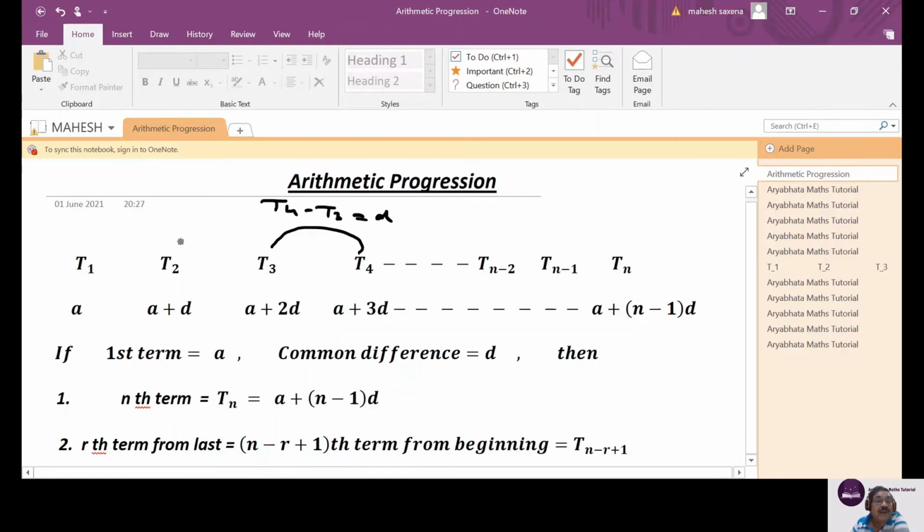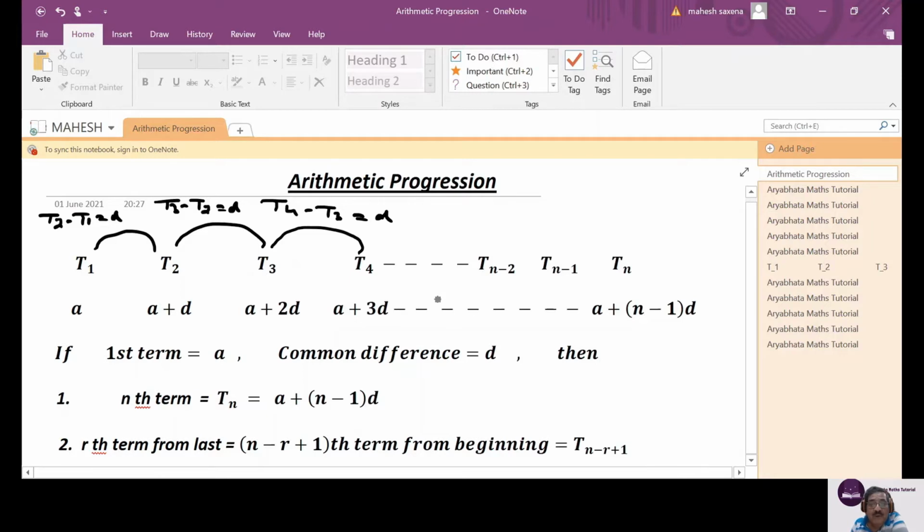Similarly, T3 minus T2 is also d, and similarly T2 minus T1 is also d. Such a series is known as an arithmetic series.